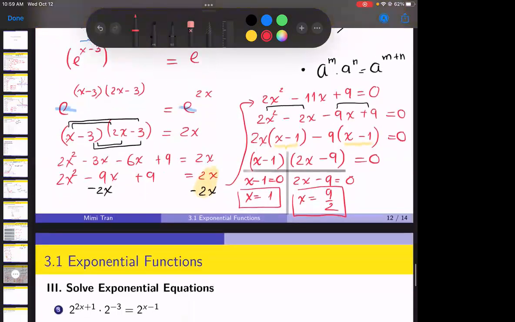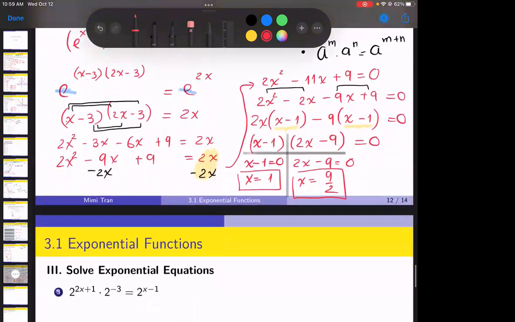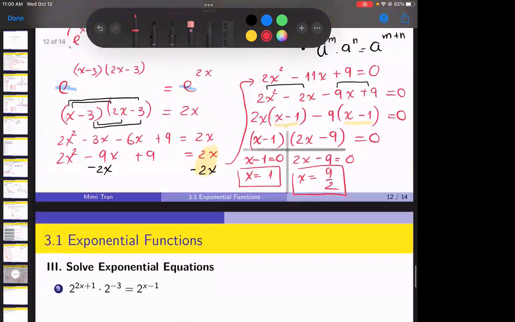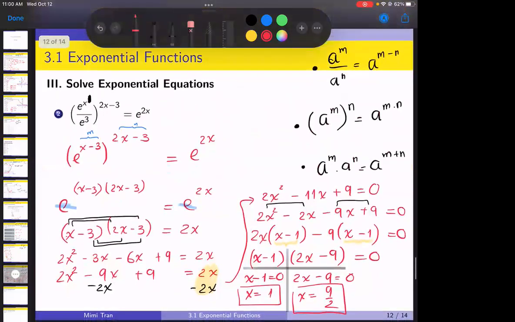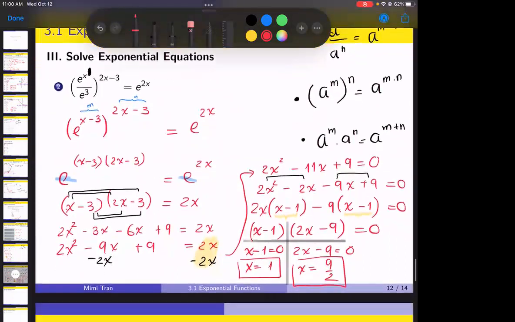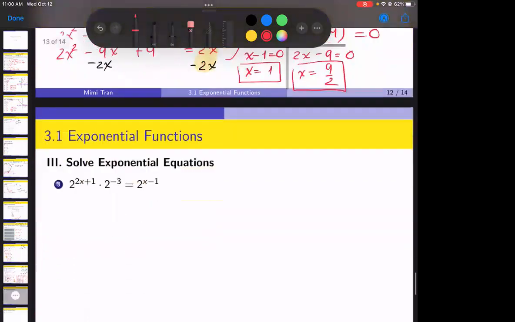Tell you what, the next one is a little bit easier, nicer. I know it looks bad, but it's nicer. Any suggestions? Hint: you use the product rule, the third one down. That's the product rule.